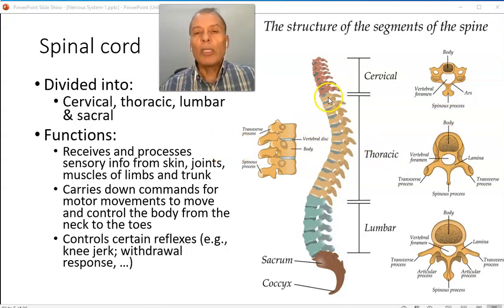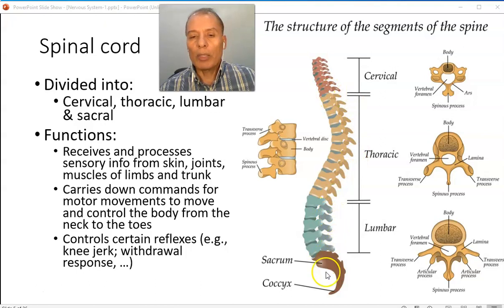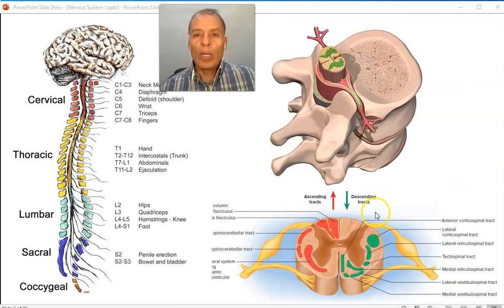So typically we simply call the different segments of the spinal cord based on the number of vertebrae it passes through. For example, the cervical segment, the thoracic segment, the lumbar segment, and the sacral segment. When it comes next to every vertebra, it gives you 2 branches, 2 nerves.